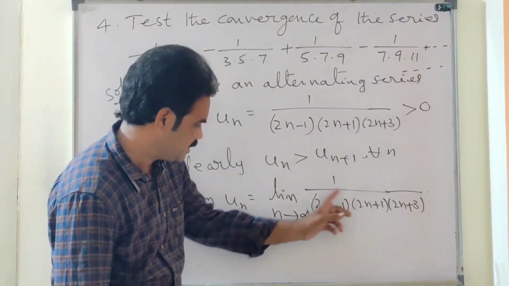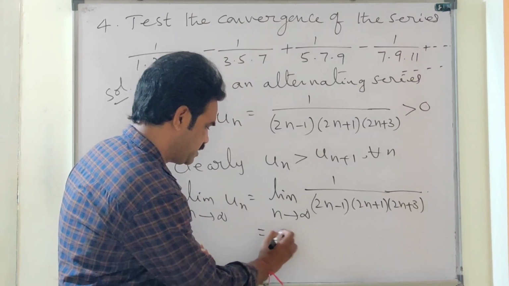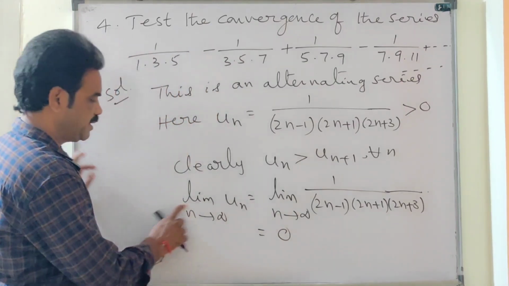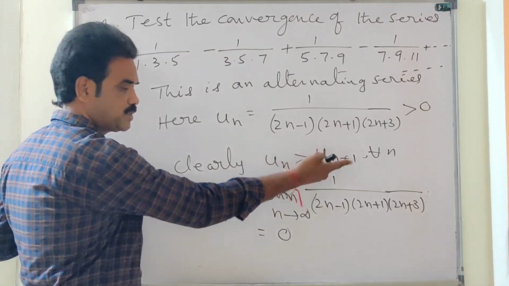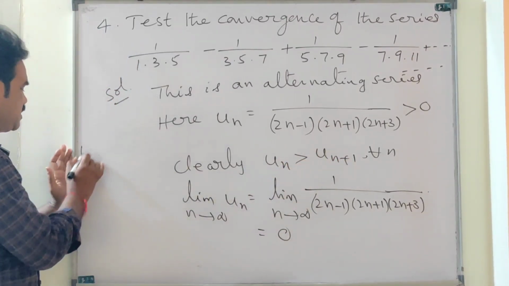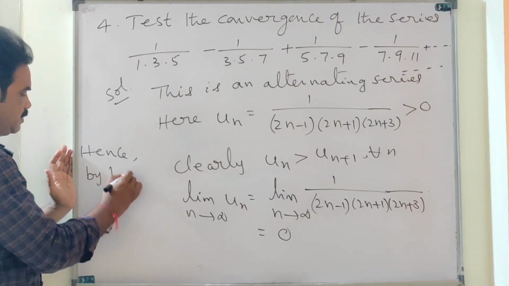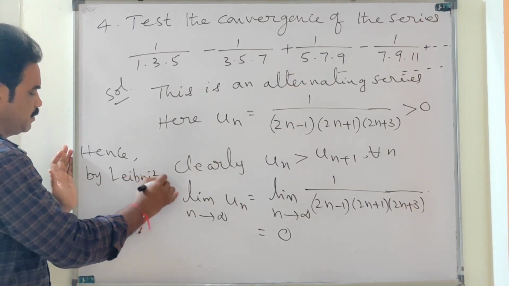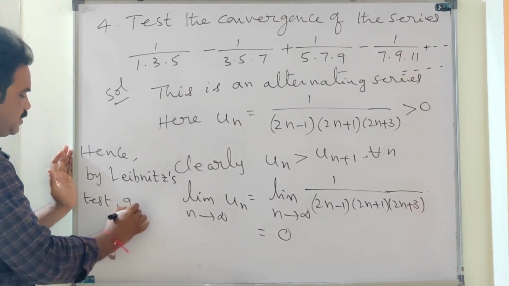Okay, as n tends to infinity, this tends to infinity, and 1 by infinity is 0. Okay, limit n tends to infinity un is 0. Already we have un greater than un plus 1 for all n. Hence by Leibnitz test, given series is convergent.